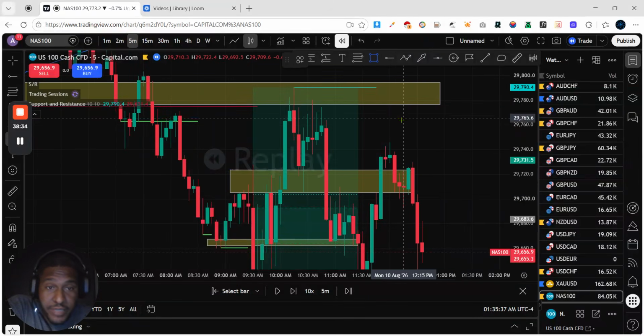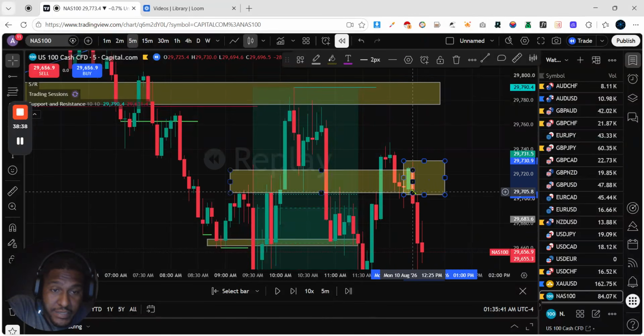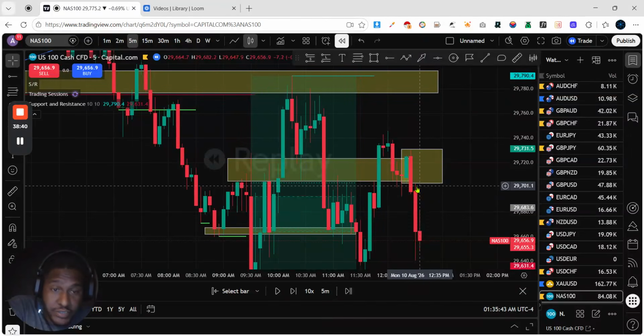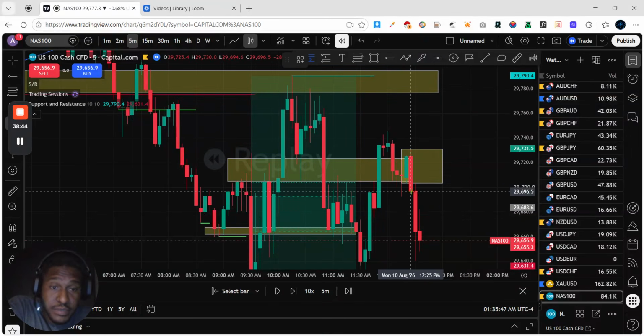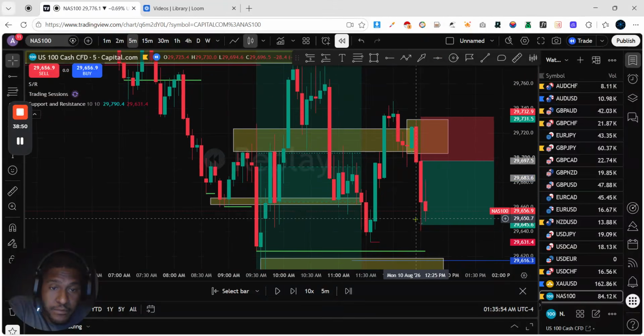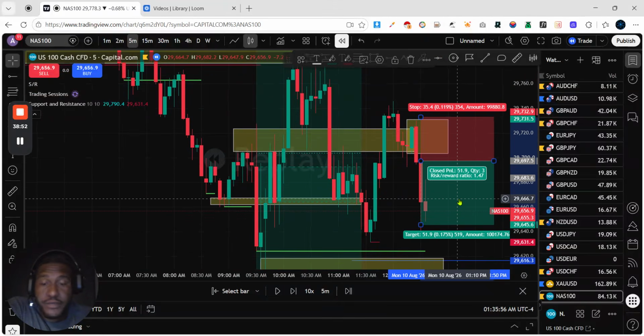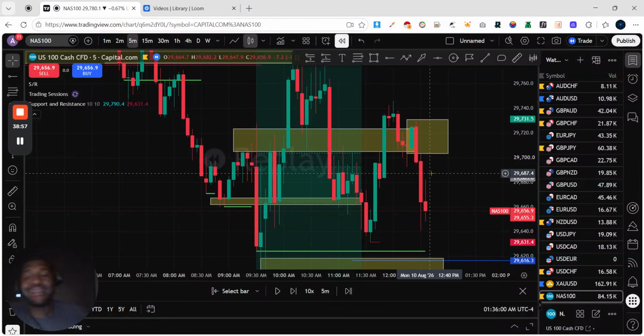So, playing my internal liquidity game, I would have drawn my zone. Price tapped me in. As soon as I saw this leaving, boom, profits. However, this would have been a losing day. I stopped trading at what? 11:30.